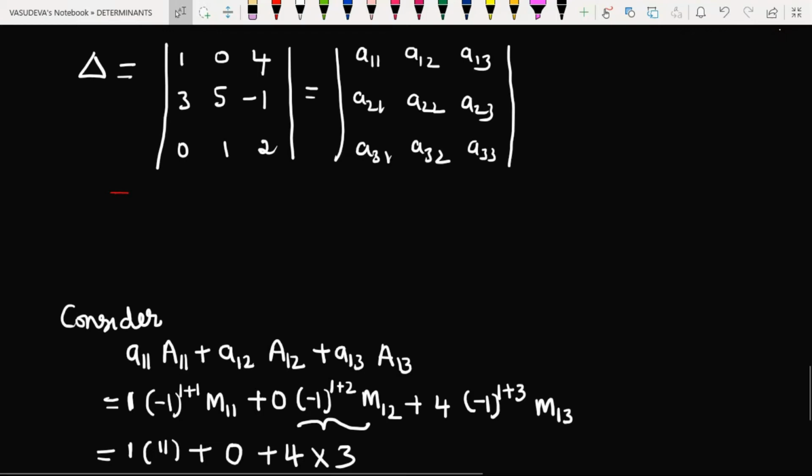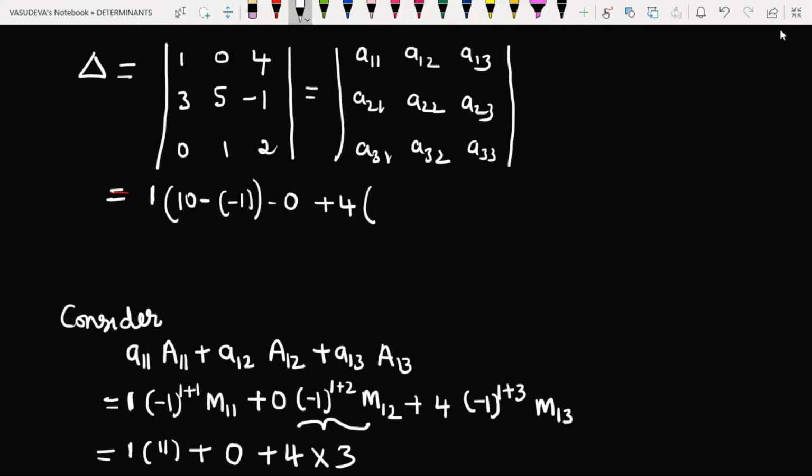Expanding the determinant: 1 into (5 into 2, 10, minus of 1 into minus 1, which is minus 1 and minus 0), plus 4 into (3 minus 0 into 5, which is 0). So 10 plus 1, that is 11, plus 12, which is 23.